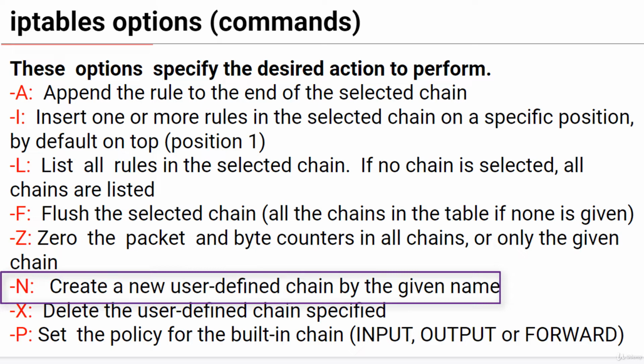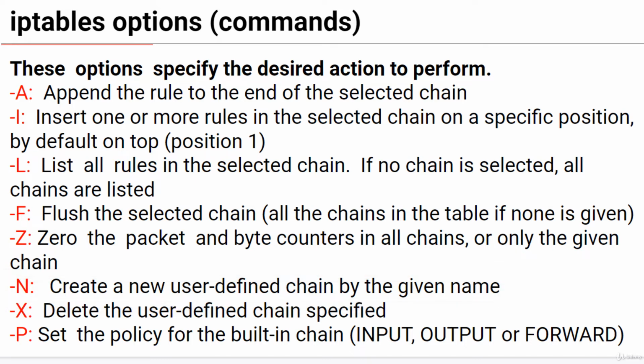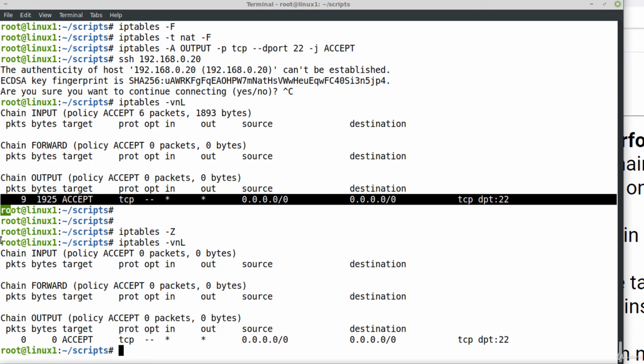-N creates a new user-defined chain by the given name. We can create user-defined chains simply by writing iptables -N and the name of the new user-defined or custom chain. iptables -N mychain.